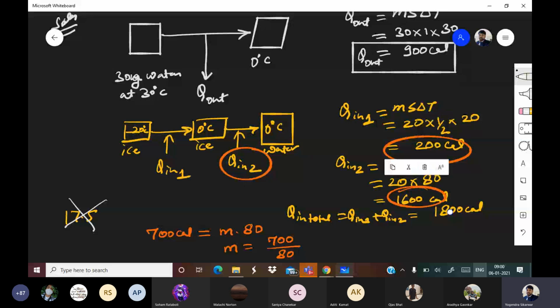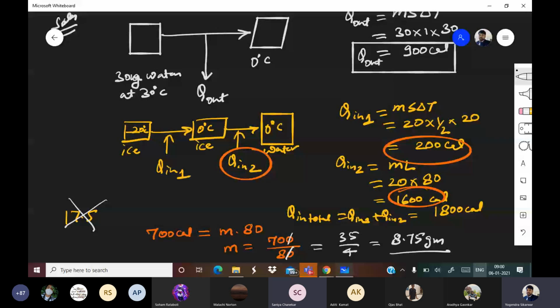That will be 70 by 8, that means 35 by 4, which is 8.75 grams. So this much ice will be melted.